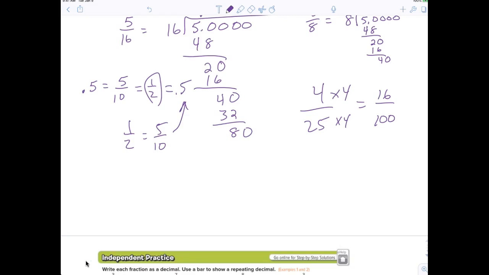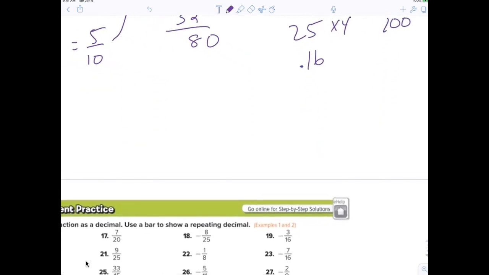You with me on this? Because that means 16 hundredths. And how do you write 16 hundredths? 0.16. Correct? You good on that? Now let's do one more just to make sure you're hearing me. Let's say I had like 11 out of 20.